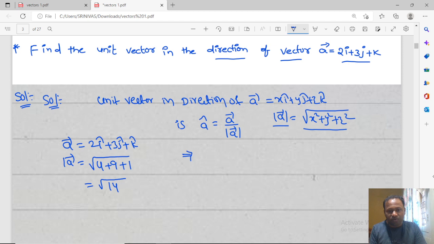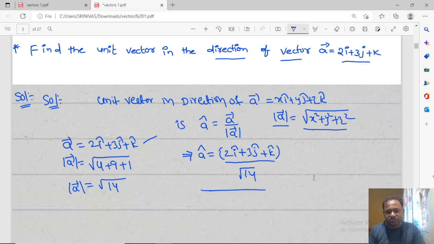Substitute here: A cap is equal to A bar by mod A bar, that is 2i cap plus 3j cap plus k cap divided by under root of 14. So this will be the answer.